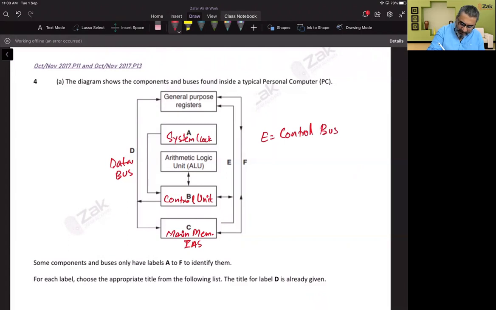And then we have got F. It is two-way and it is from general purpose registers. So F is data bus. I believe F is data bus. This D is actually control unit to general purpose registers. This D is actually the address bus.